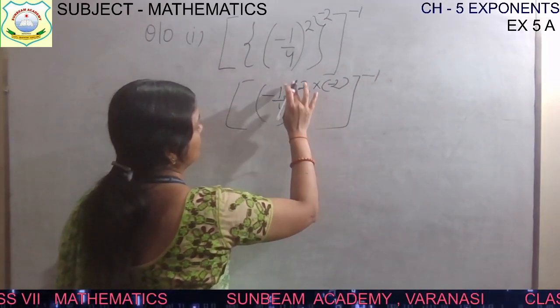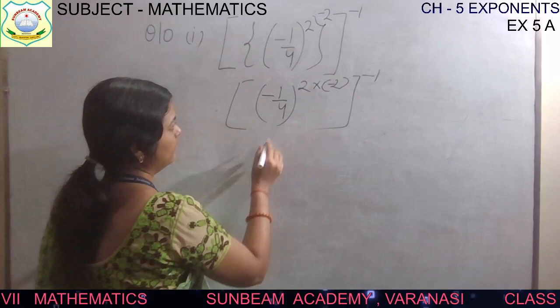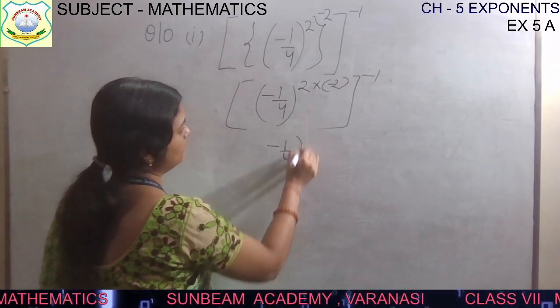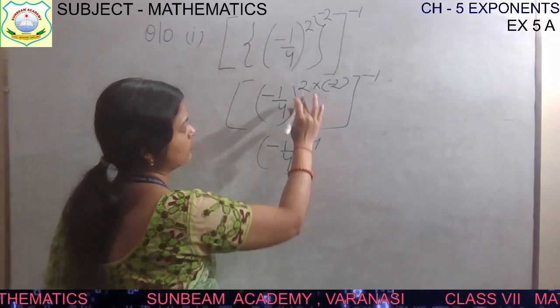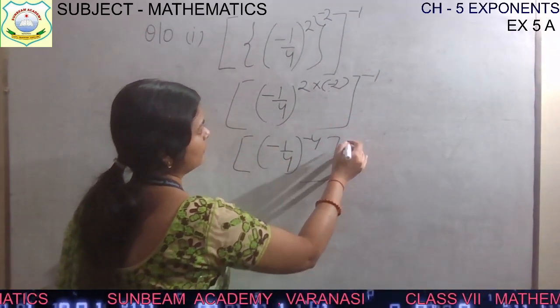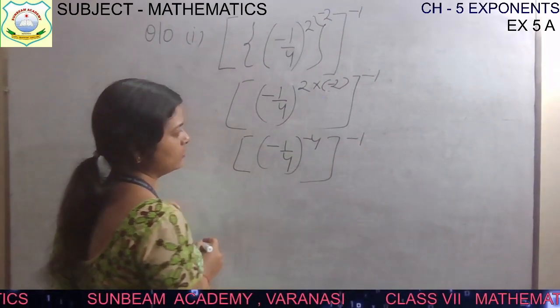And then this will be left, minus 1. When you open this, what will happen? Minus 1 by 4 to the power minus 4. 2 2s are 4 but minus sign. And this is minus 1 outside the bracket.